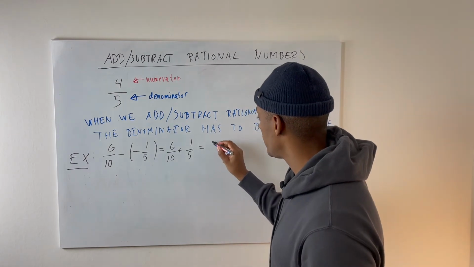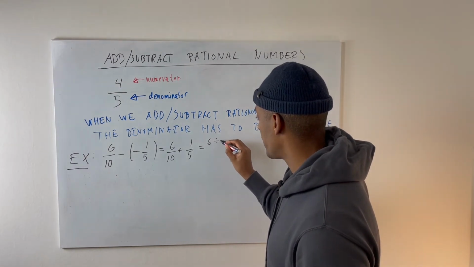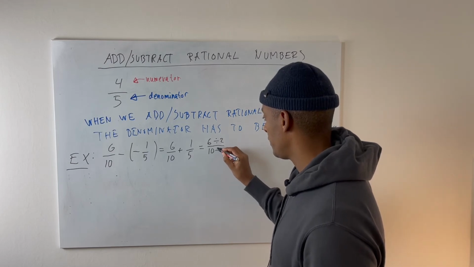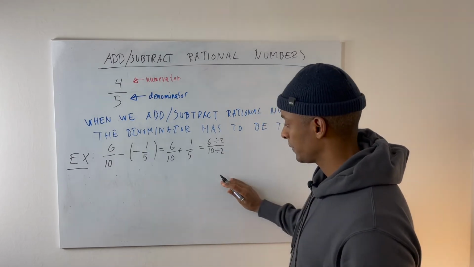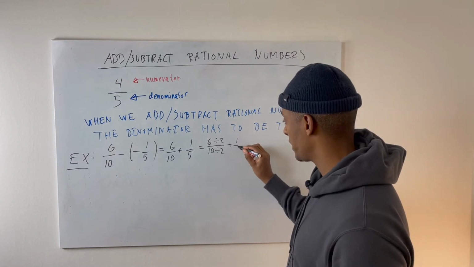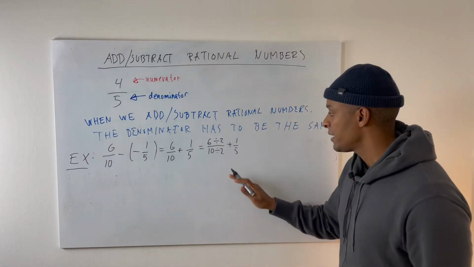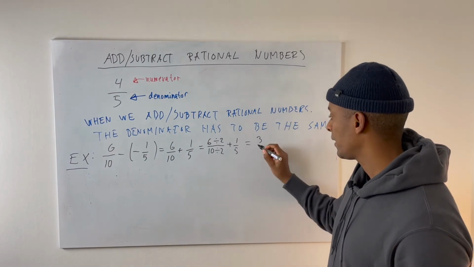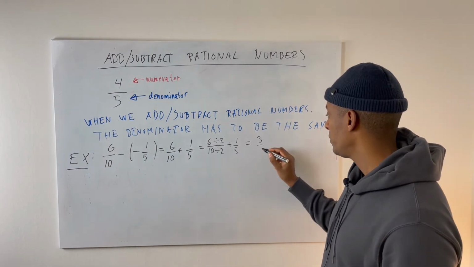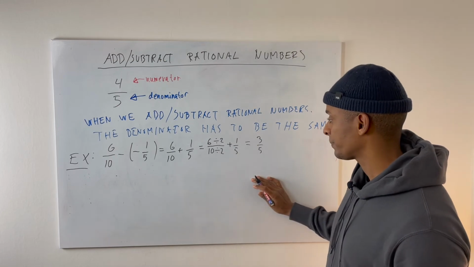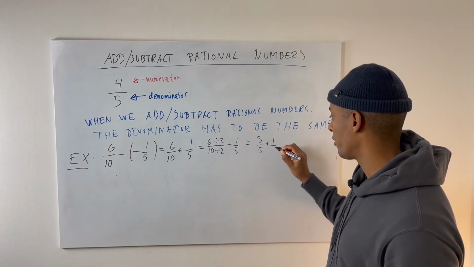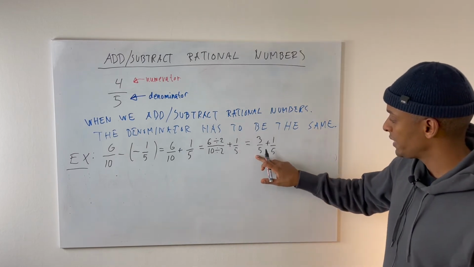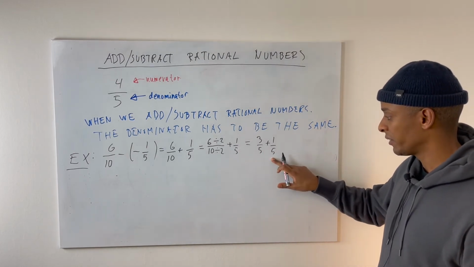So we do 6 divided by 2 and 10 divided by 2, and we keep this, it just carries over. 6 divided by 2 is equal to 3, 10 divided by 2 is equal to 5, and then we have the 1/5 remaining here. Now we can see that these have the same denominator. That was the goal.